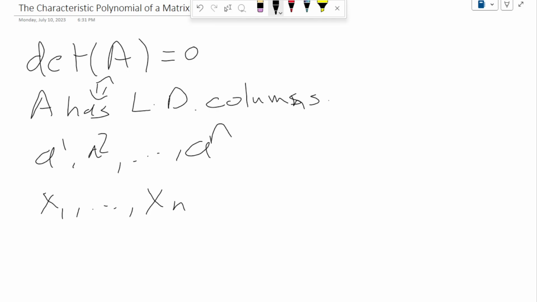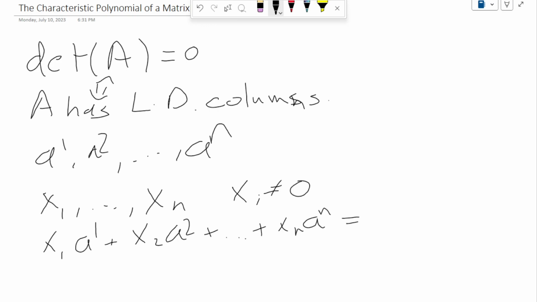So at least one xi is not equal to 0. And we must have that x1 a1 plus x2 a2 plus through xn an equals 0n. This is the 0 vector. That's the definition of linear dependence. So these two statements are equivalent.